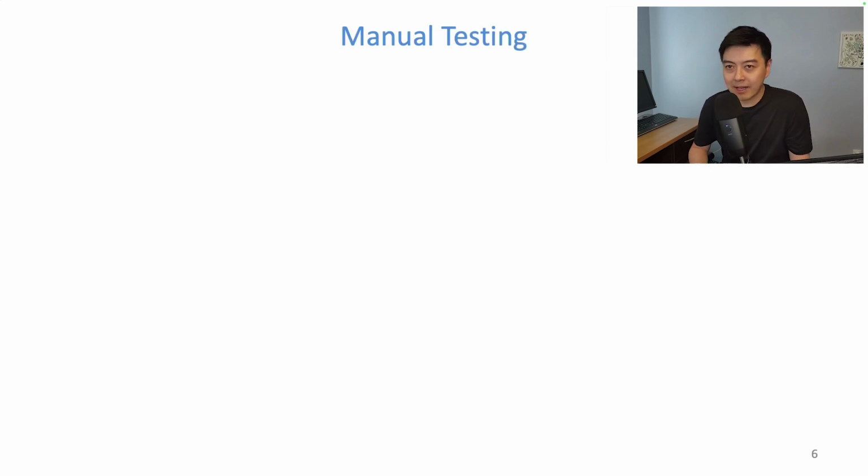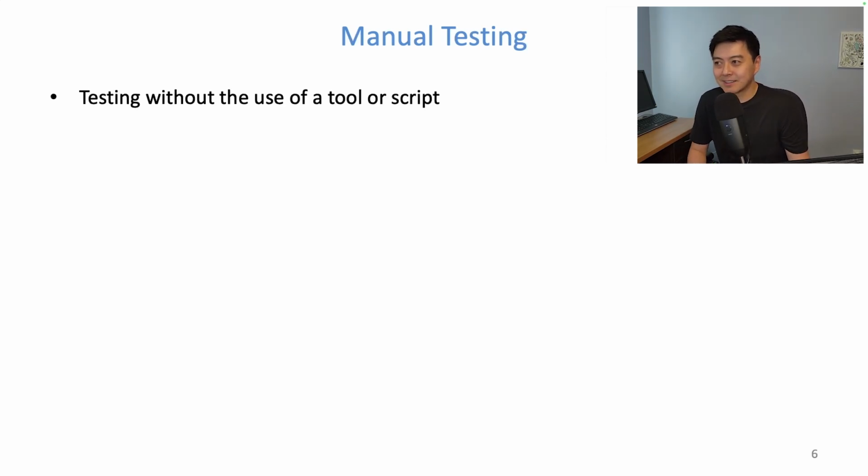All right, so let's dive a little bit deeper and talk a little bit about manual and automated testing. You've probably heard of these terms referred to from time to time for testing. So starting with manual testing. As the name suggests, manual testing is testing without the use of a tool or a script.